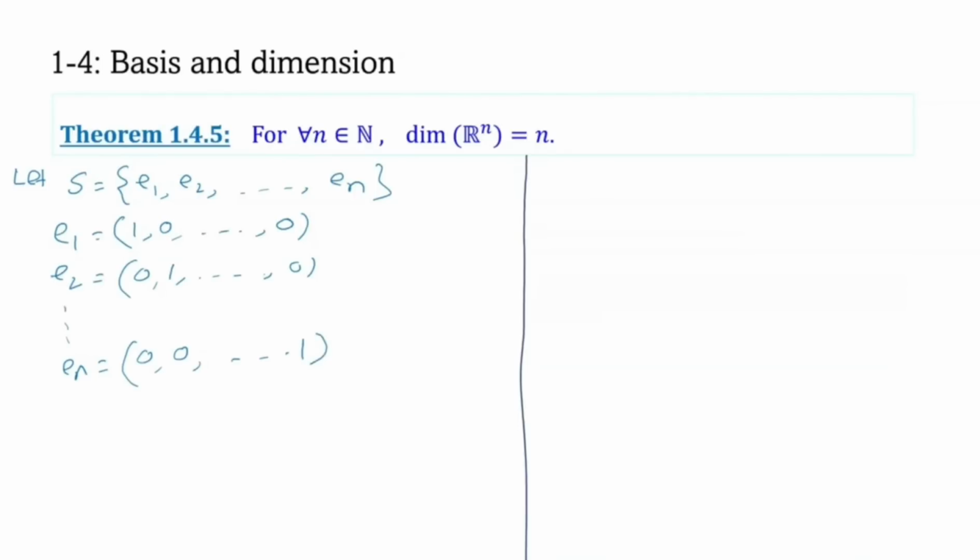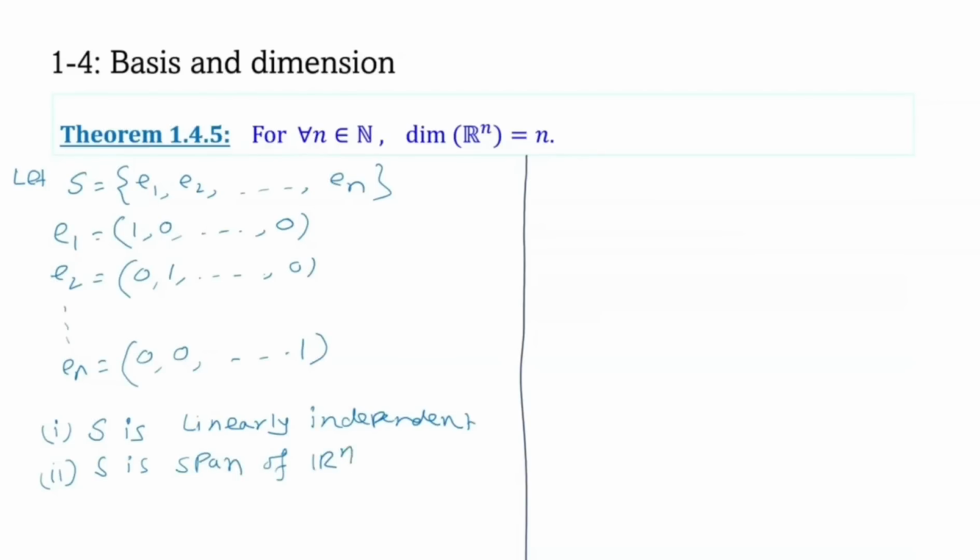Now to show S is a basis, we will show two things. One is S is linearly independent, and second is S is a span or generator of Rn.